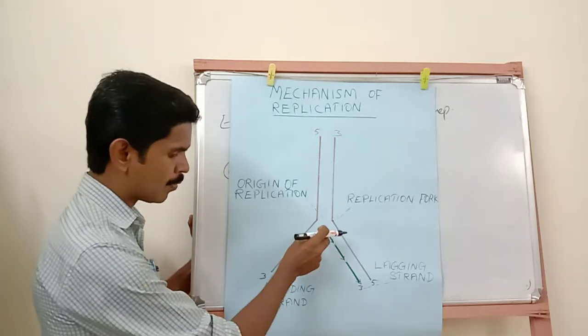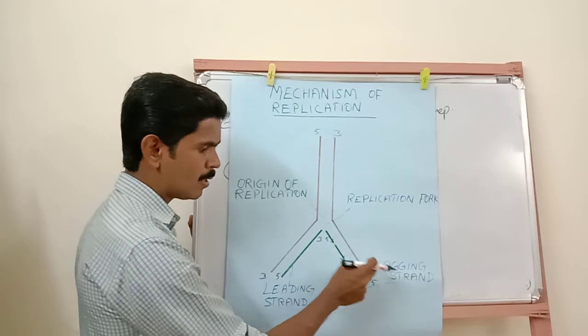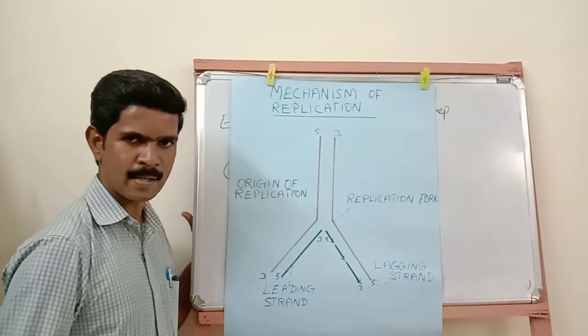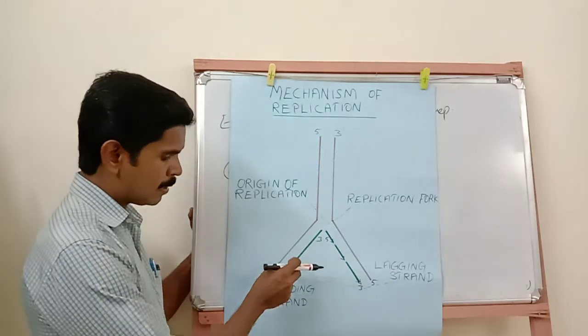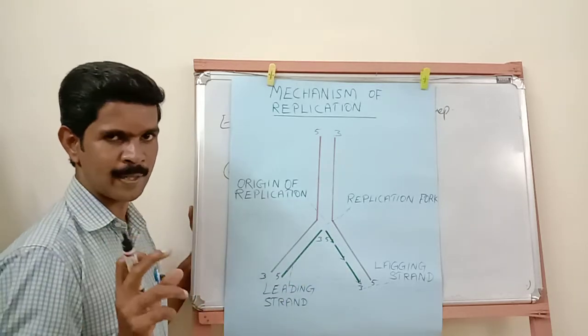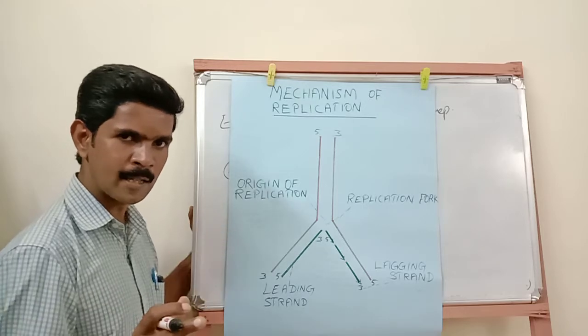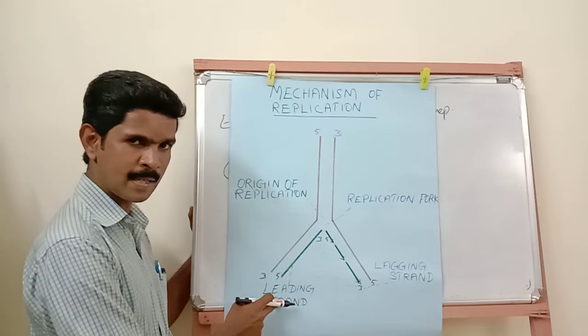In the leading strand, the replication process takes place continuously. So that strand is called the leading strand.